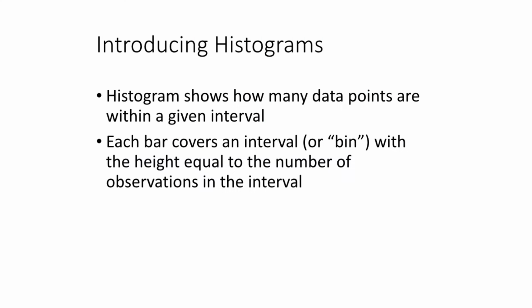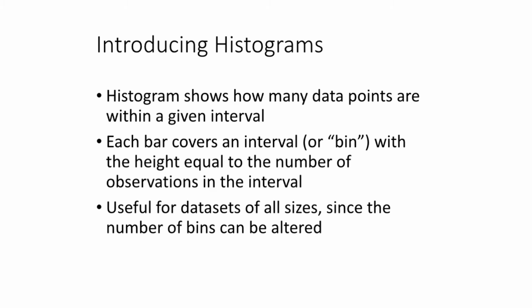In a histogram, each bar covers an interval, also known as a bin, and the height of each bar is equal to the number of observations in that interval or bin. So a histogram is very commonly used because since you're not plotting all the observations, all the data points, it works with data sets of all sizes, from a very small data set to a very large data set.